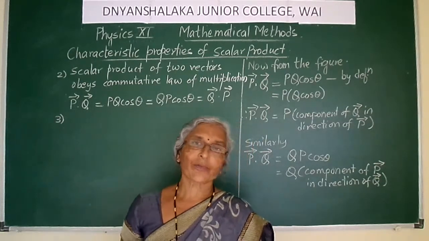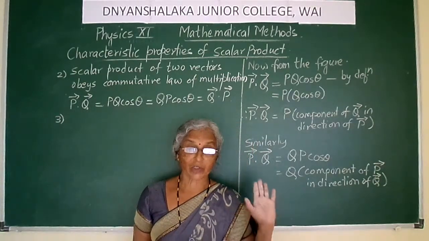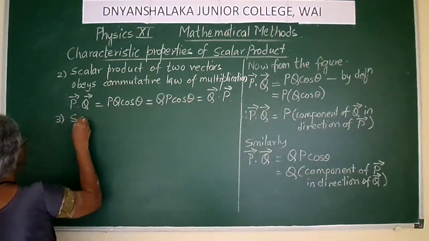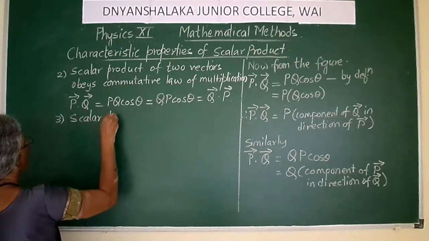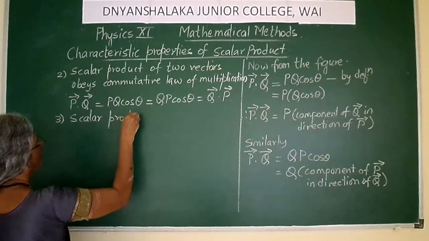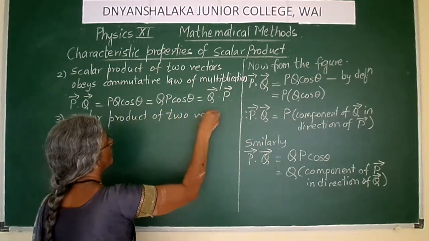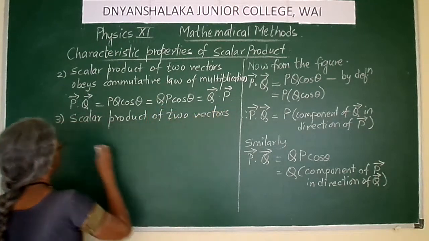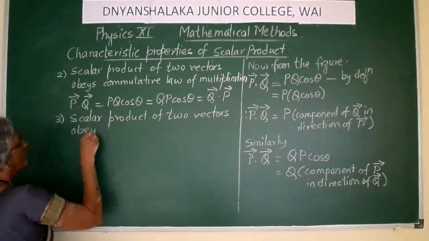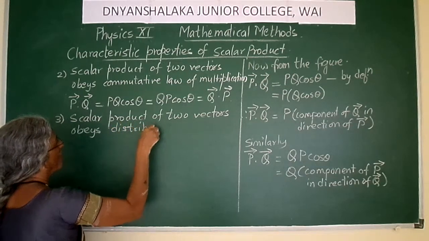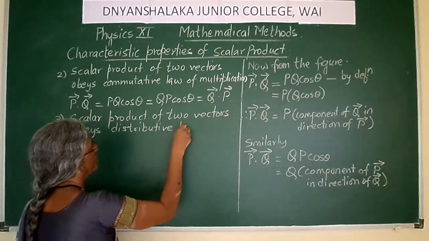Then the third characteristic of scalar multiplication. Scalar product of two vectors obeys distributive law of multiplication. What does it obey? Distributive law of multiplication.